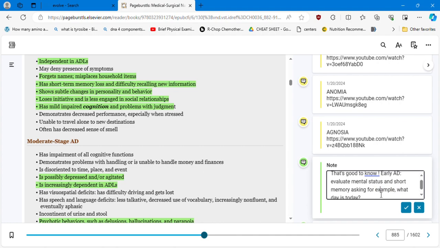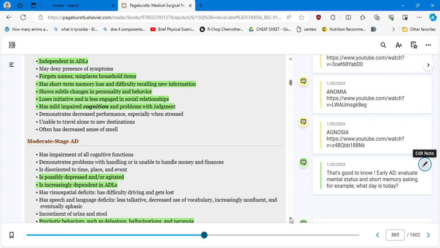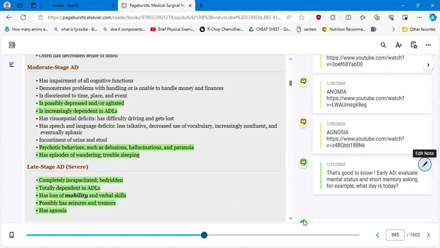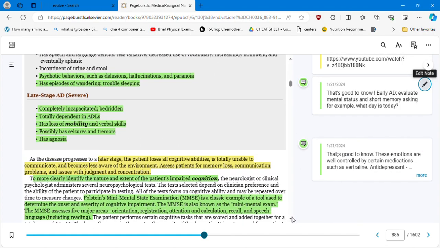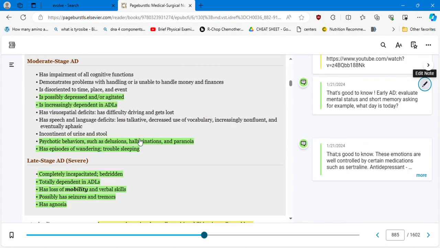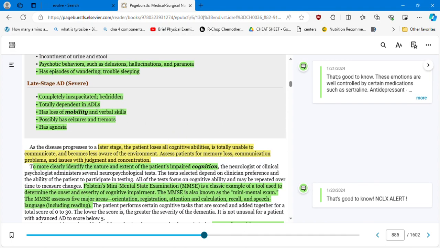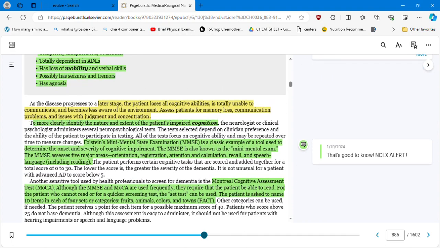Remember that the problem is more noticeable with the short memory, okay, versus the long-term memory. Okay, let's continue with the later stage, the patient loses all cognitive abilities.